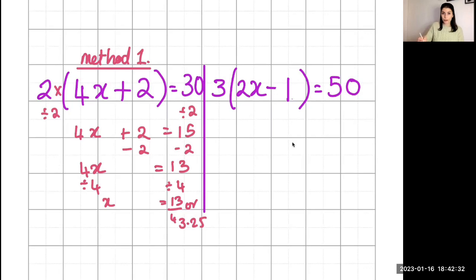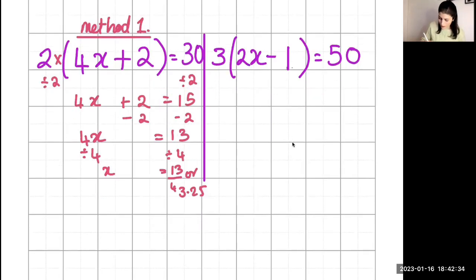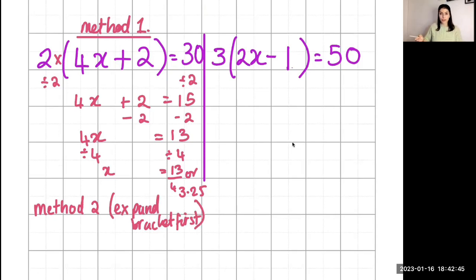Method 2 is expand the brackets first. And I would actually like you to use this method, especially if you're not that confident, because this is a foolproof method. So we're going to expand this bracket first. So let's change the color. So you do 2 times the 4x to get 8x.